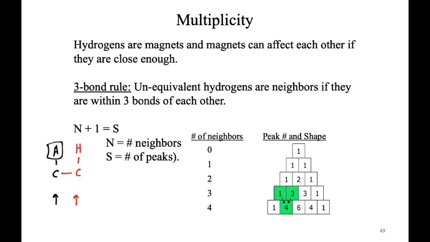Did it have to align with the magnetic field? It could have gone the other direction, right? Well, did the black one have to align up? No. How could it have aligned? Down. And then the red one could have been up. Black one down and the red one down.